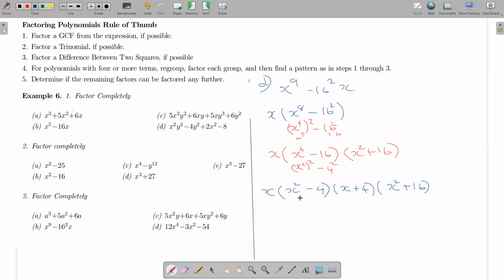Then again I check this one, I can apply again, because I can write x squared minus 2 to the square. So a is x and b is 2. So this x stays here. Then this is a minus b, x minus 2, x plus 2.